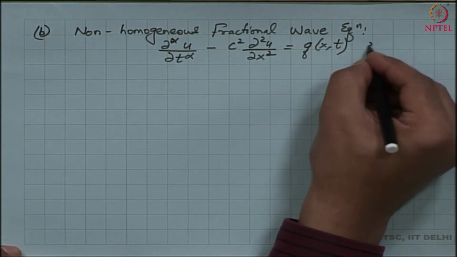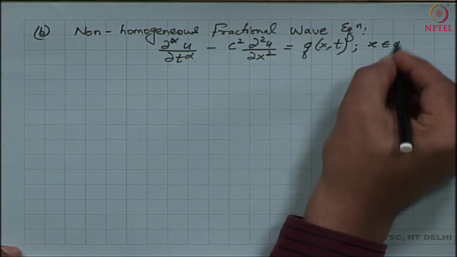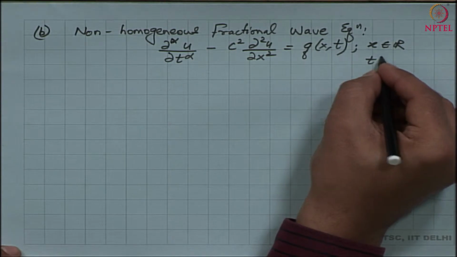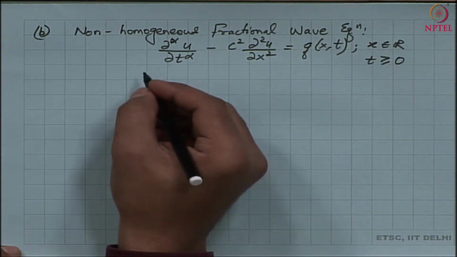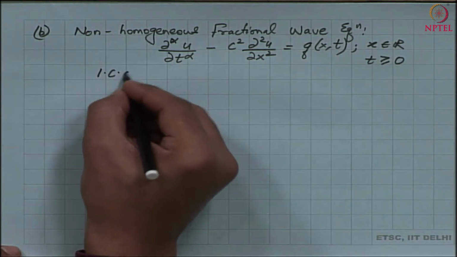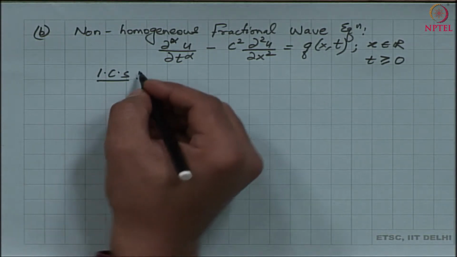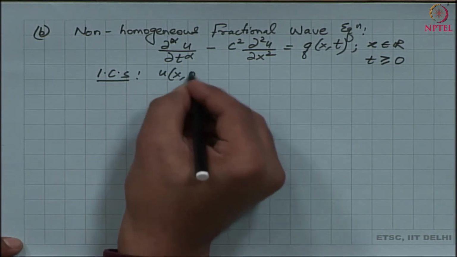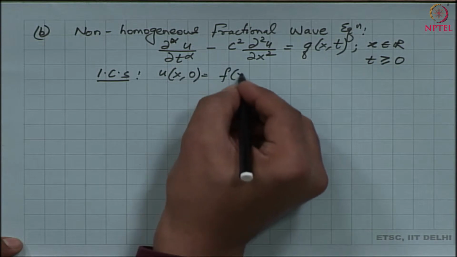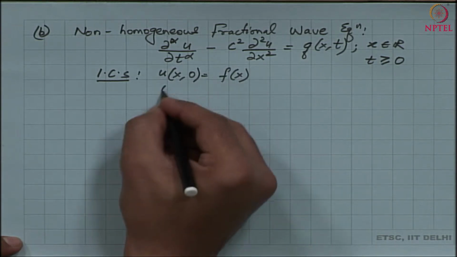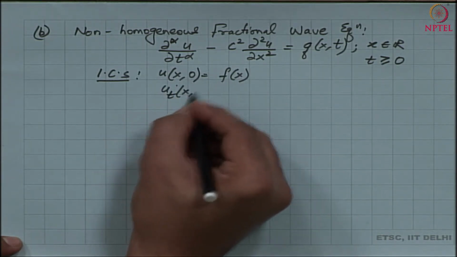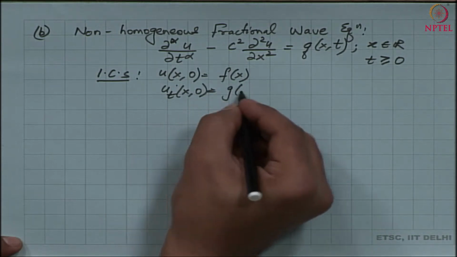I am given that x is a real number and t is non-negative, and I am also given the following initial conditions: u of x comma 0 is f of x, and u t of x comma 0 is g of x.